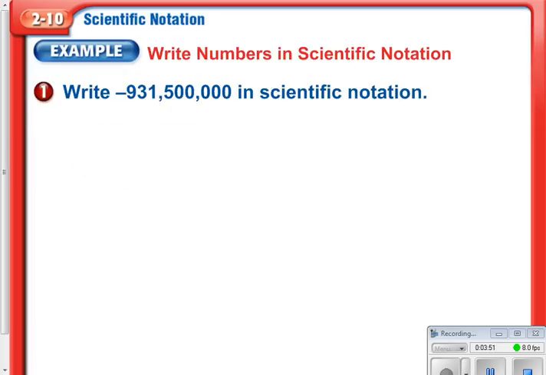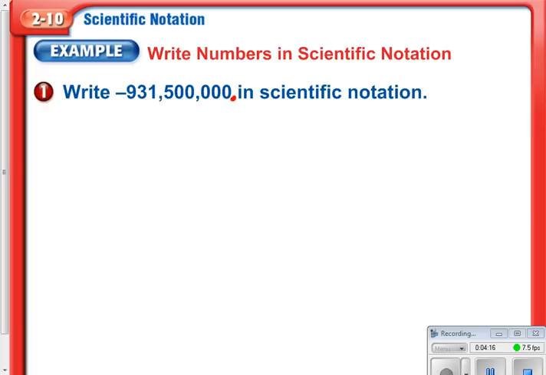Next thing that you'll need to do is take a number that's already in standard form and convert it to scientific notation. So we are given standard form here. What we need to do is take that standard form and convert it into scientific notation. In order to do this, well, here's where your decimal point would be. We need to get this number, negative 931,500,000.